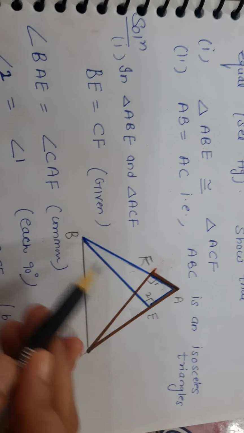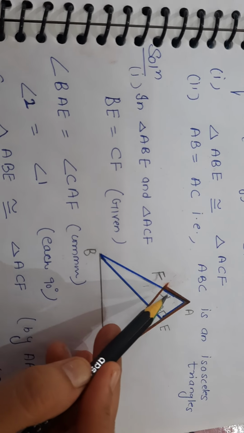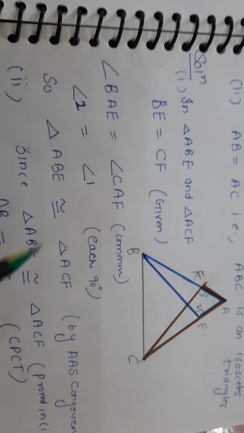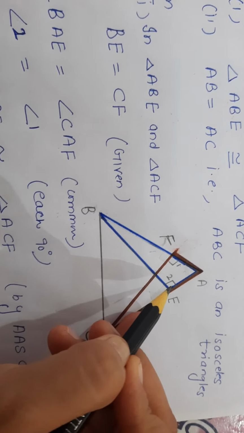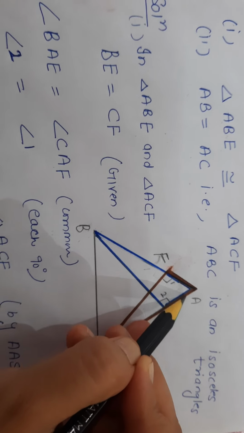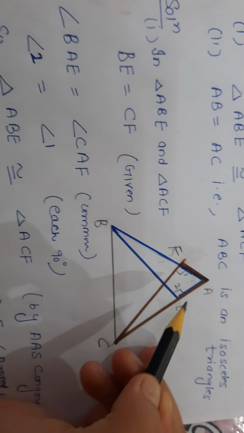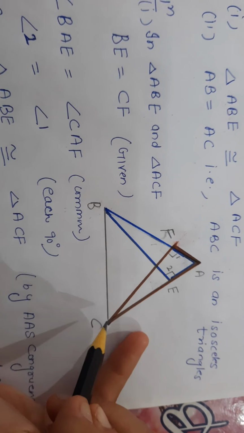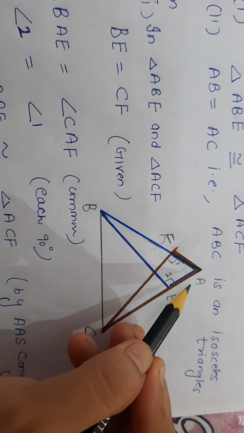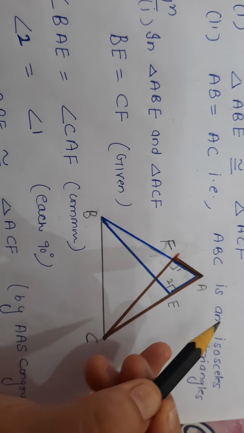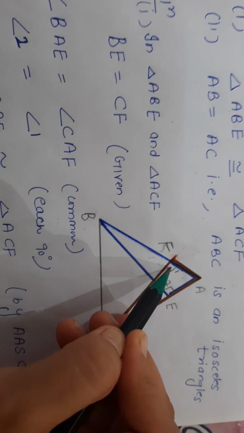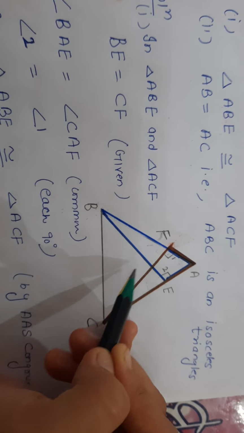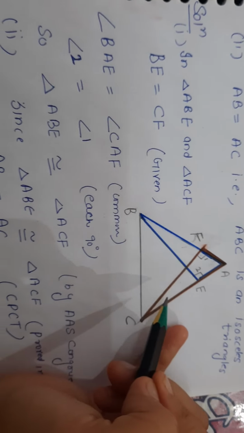And these are altitudes, so angle 2 is equal to angle 1, both are 90 degrees. So these two triangles are congruent by using angle, this angle is common, and then side, this side CF.